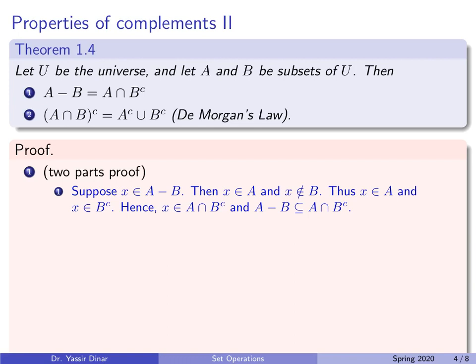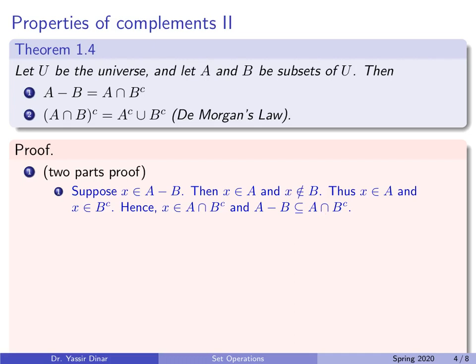Using the definition of the intersection, this means that X belongs to A intersection B complement. So I take an element in A difference B and I found this element is in A intersection B complement, and that means A difference B is a subset of A intersection B complement. This proves the first part.